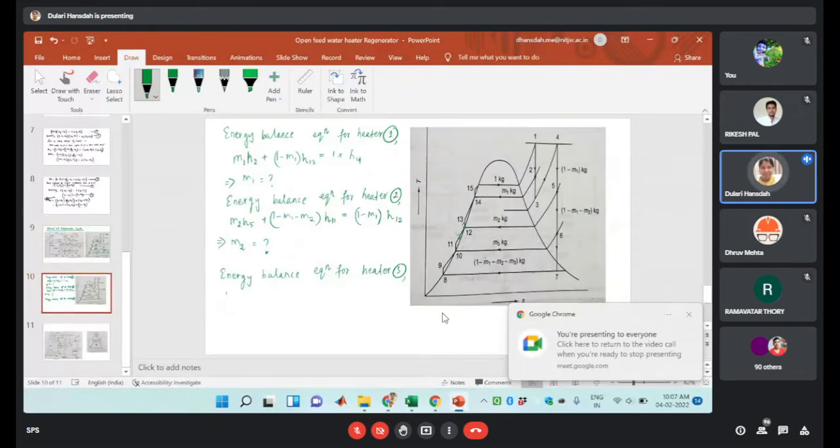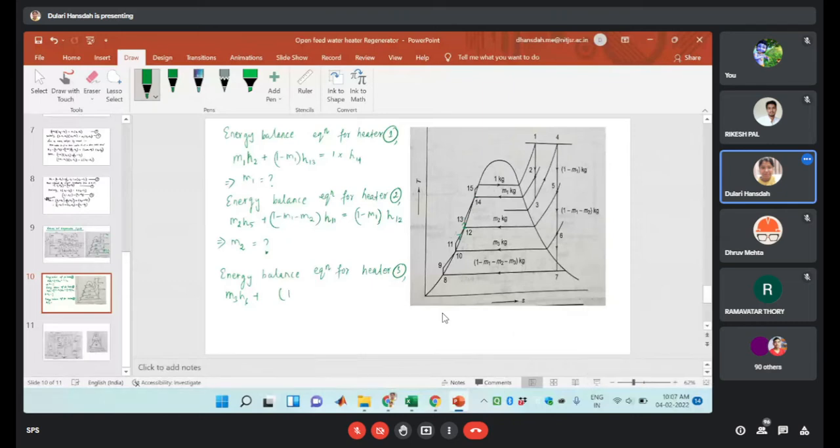So this will be M3 H6 plus 1 minus M1 minus M2 minus M3 H9 is equal to your 1 minus M1 minus M2 into H10.